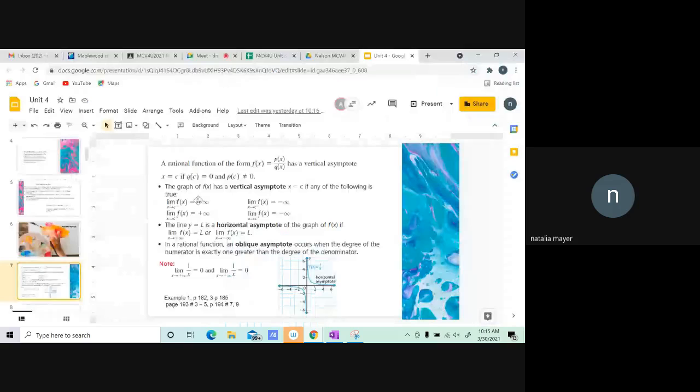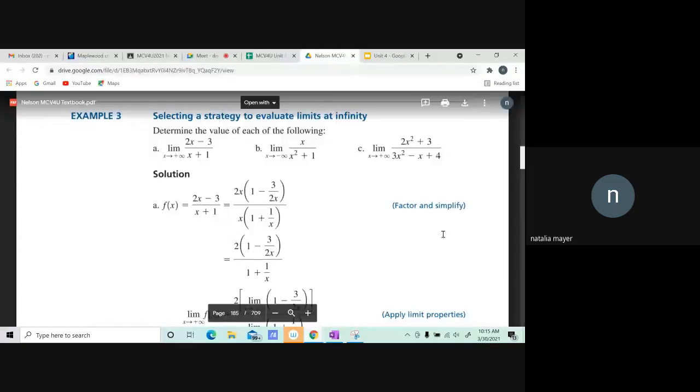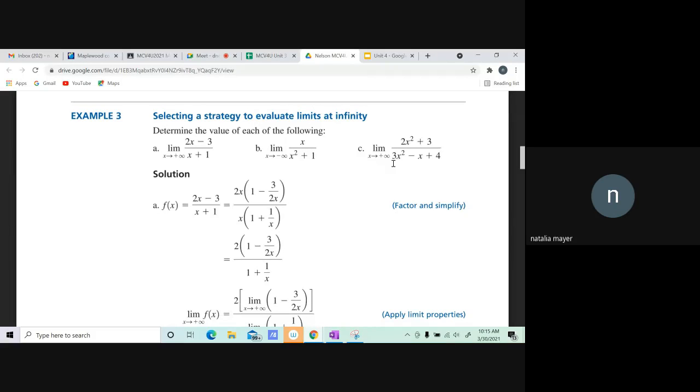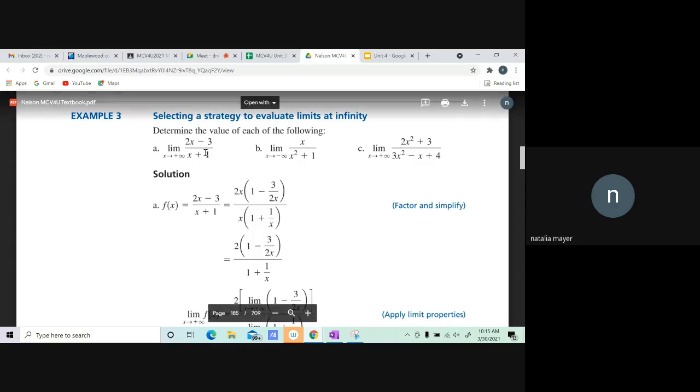Page 185. Example 3. You have various functions here, all of them rational, and you're asked to find the value of each limit.